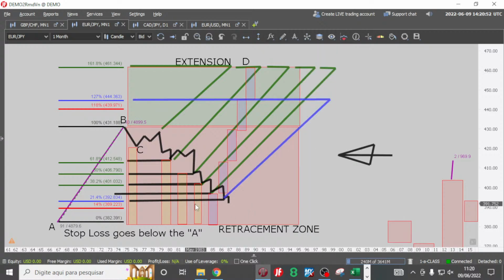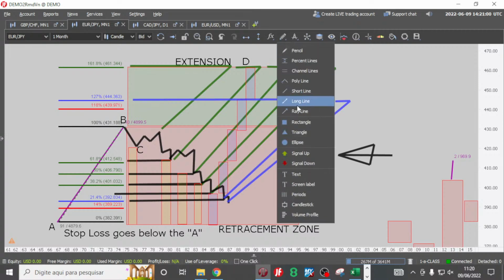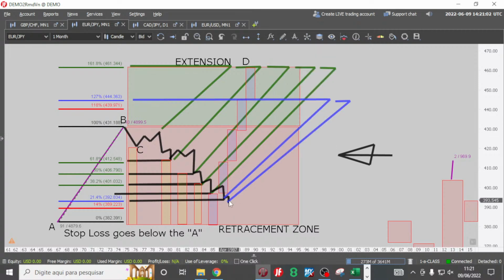And if it's going to break but not touch the red, okay, now the last retracement level is going to touch or break, but it cannot touch the black one.